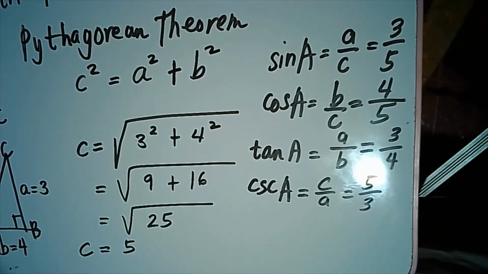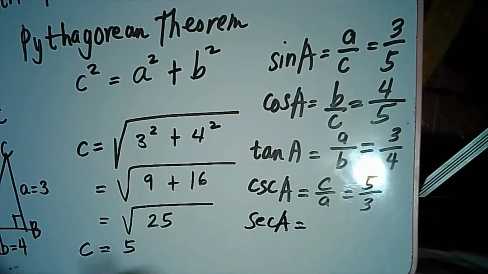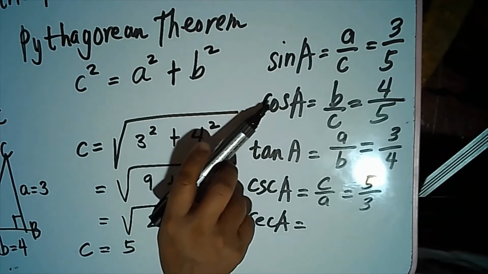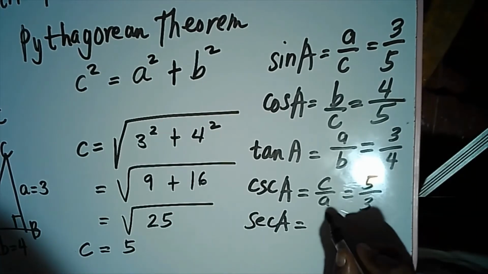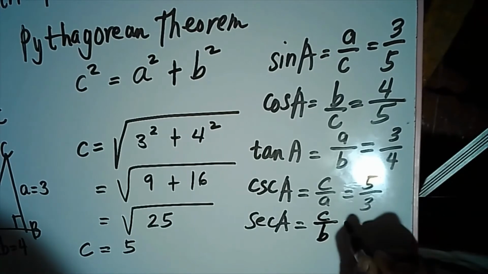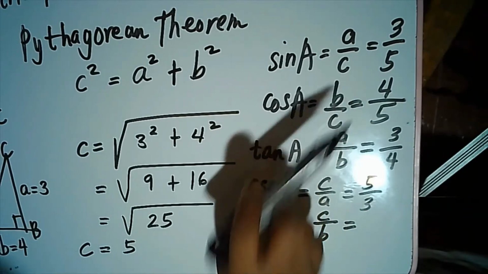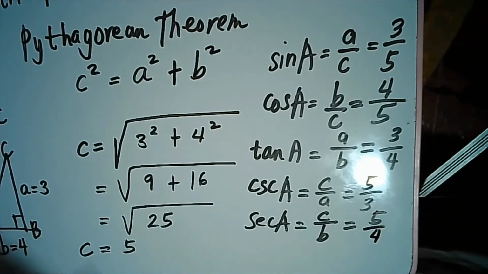And then next is the secant A, which is equal to the reciprocal of cosine A. C over B, or the reciprocal of 4/5 is 5 over 4.